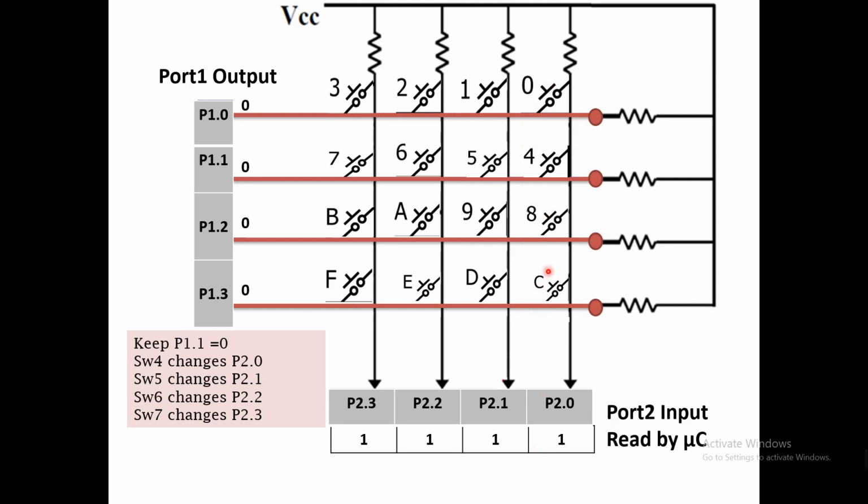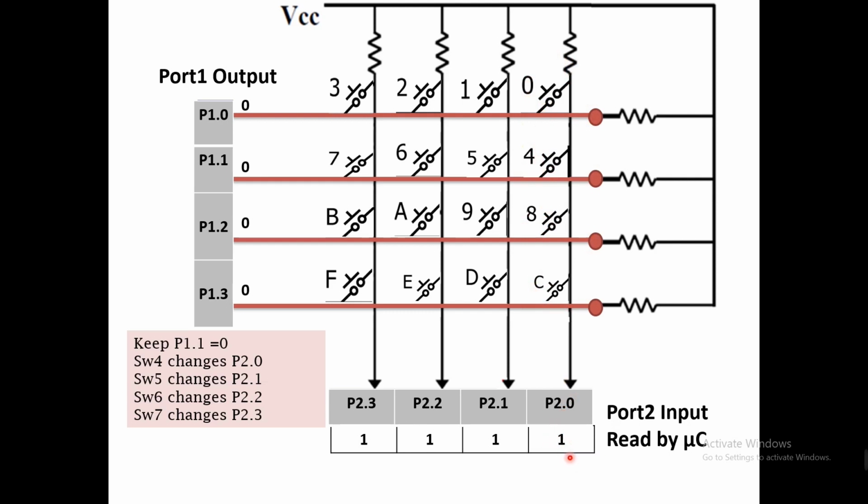If switch C is pressed, so it's good that if this one is 0, it means any one out of 4 switches is pressed. But which one is pressed? Either 0 is pressed, 4 is pressed, 8 is pressed, or C is pressed. We don't know. By only knowing this value, we don't know.